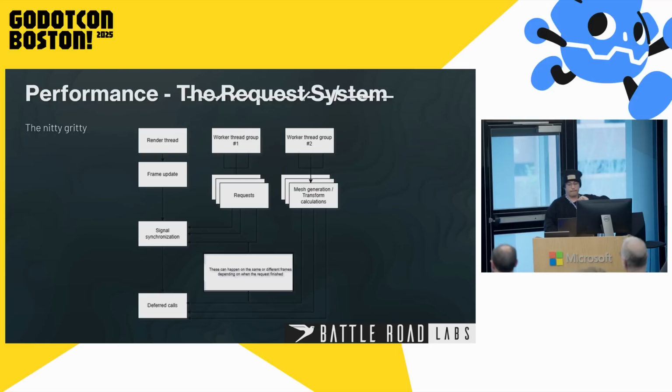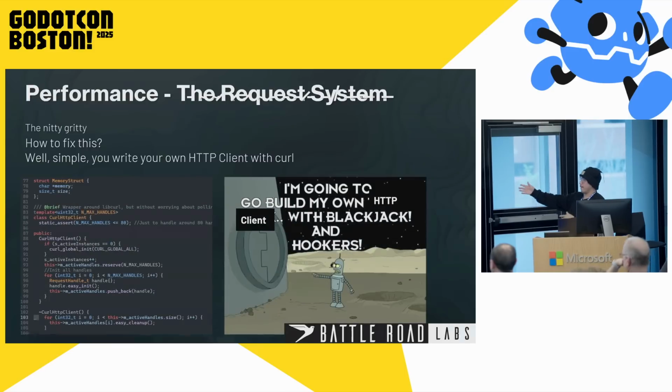So what do you do when the request system for Godot doesn't really serve your purpose? Well, you go and build your own HTTP client, and that's what we ended up having to do. We have an underlying curl implementation of an HTTP client that can do multiple requests per frame, all of those in very nicely organized threads.